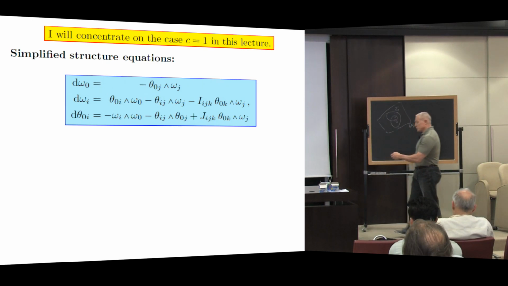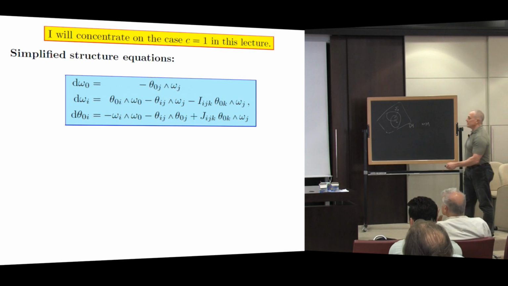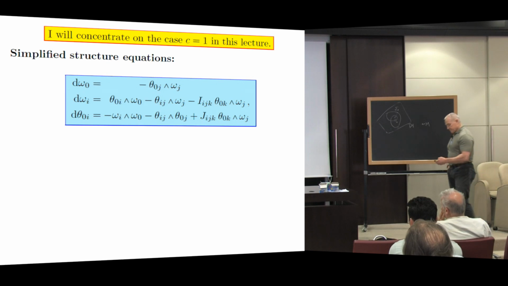And here's what the structure equations simplify to: there's what became of the sectional curvature of the constant flag curvature, and as I said, the other R's vanish, and you still have the I_ijk and J_ijk.